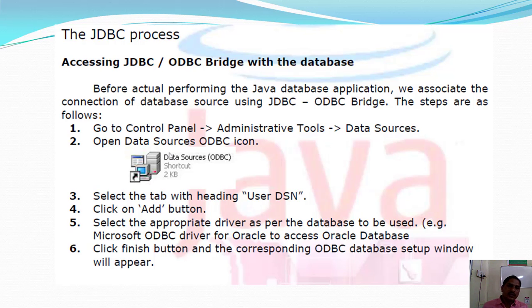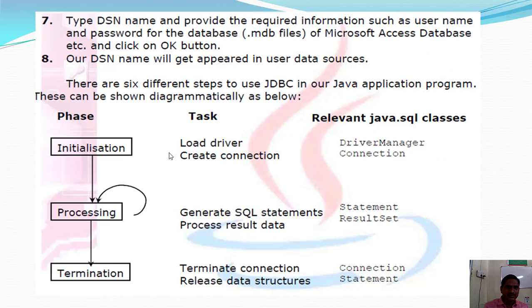These are some of the steps. Next, the seventh step: type the DSN data source name and provide the required information such as username and password for the database, and the database file, for example the .mdb file of a Microsoft Access database, and click on the OK button.